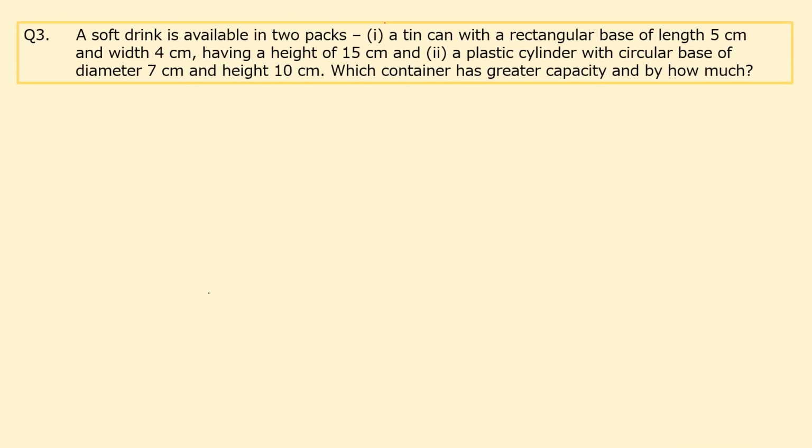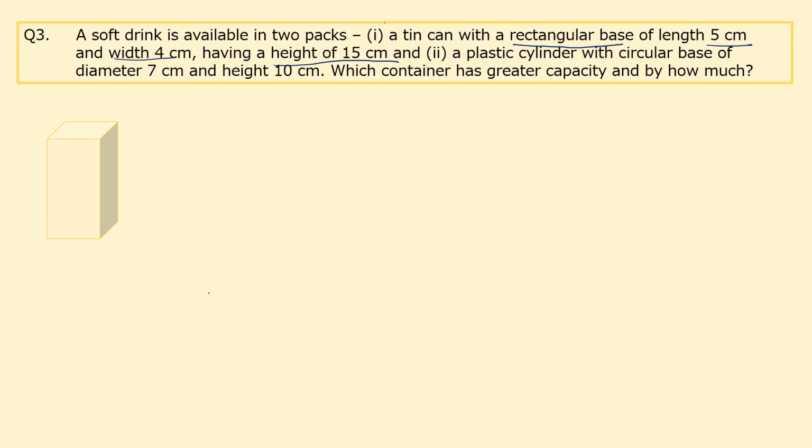Question number 3 is, a soft drink is available in 2 packs. A tin can with a rectangular base, right, of length 5 centimeter and width 4 centimeter and having a height of 15 centimeter. So any guess what will be the shape of this rectangular base can? It will be a cuboid, right?